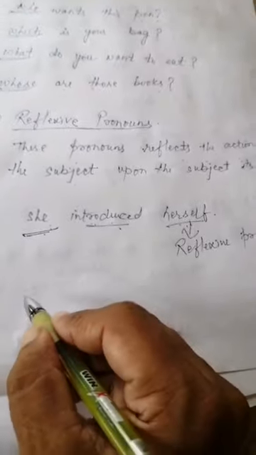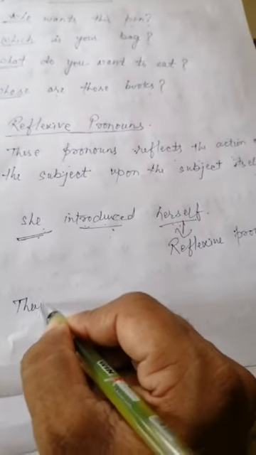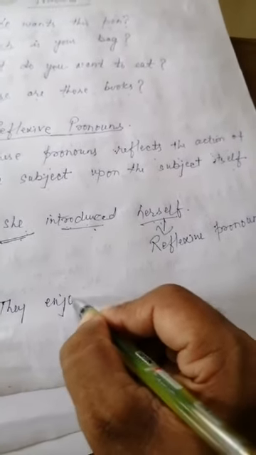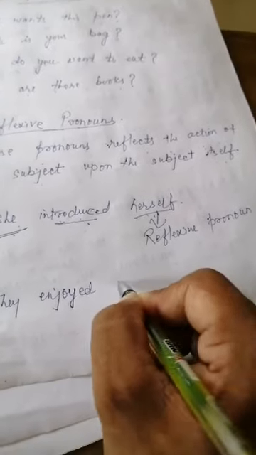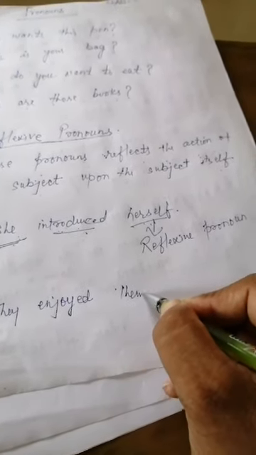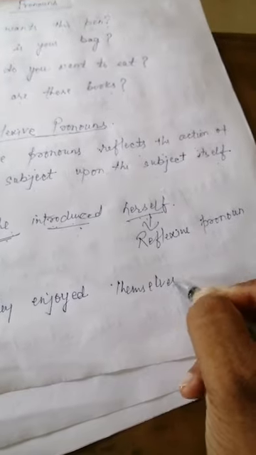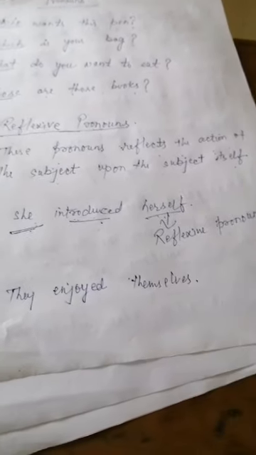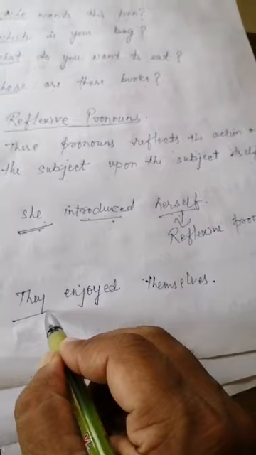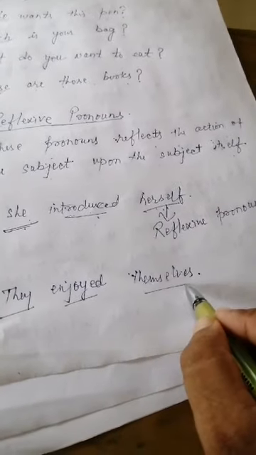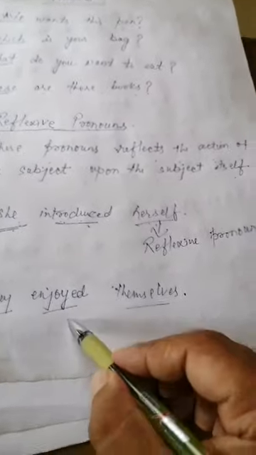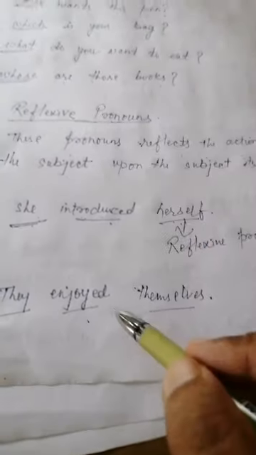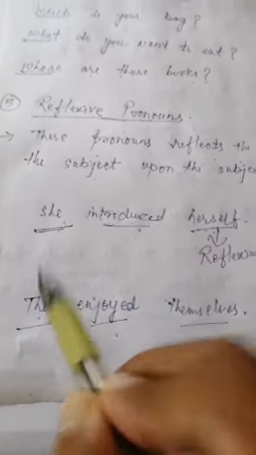Now we will see another example. They enjoyed themselves. Now here again see subject, verb and object. They enjoyed themselves. Here again in this sentence the action of the subject they is reflected upon the subject itself.